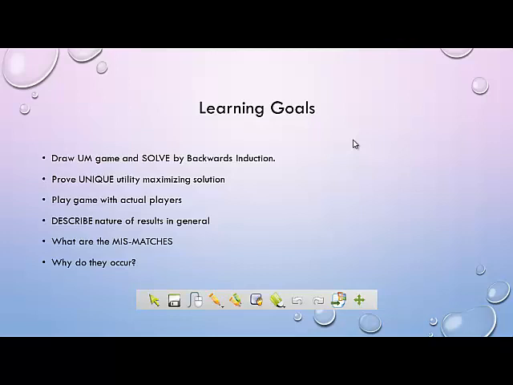So in this lecture, first we drew the ultimatum game and we solved it by backward induction. And this is where we are describing human behavior in situations dealing only with money. There's nothing else. There's no friendship. So according to economic theory, human beings should be trying to maximize the amount of money that they get.